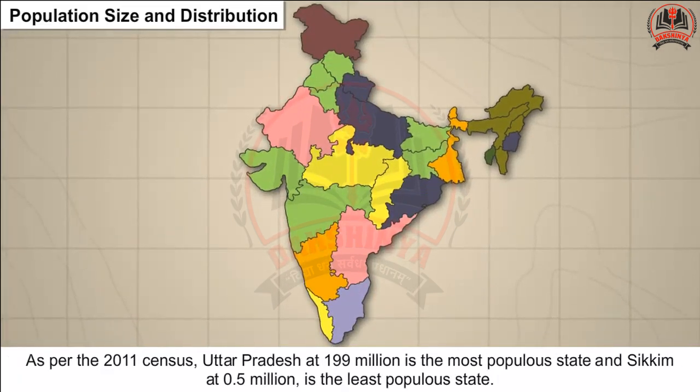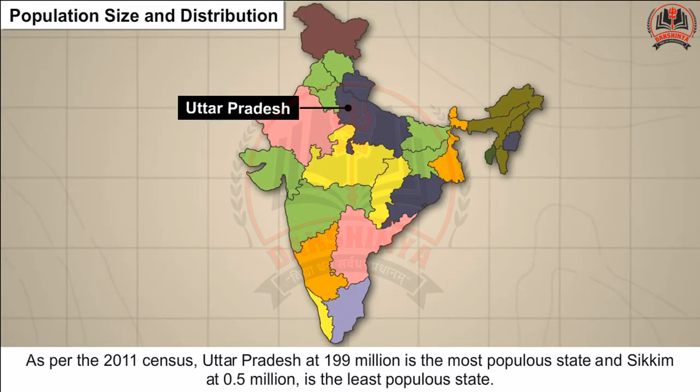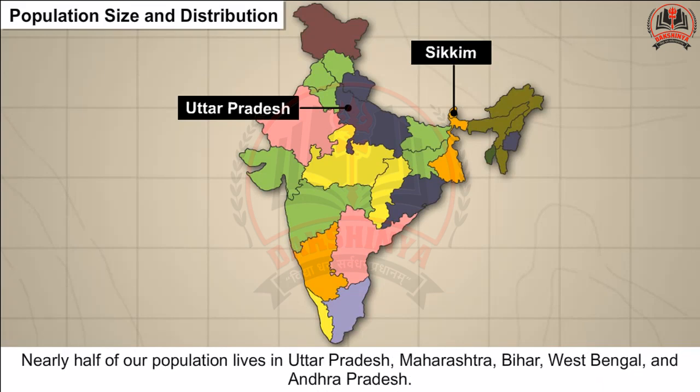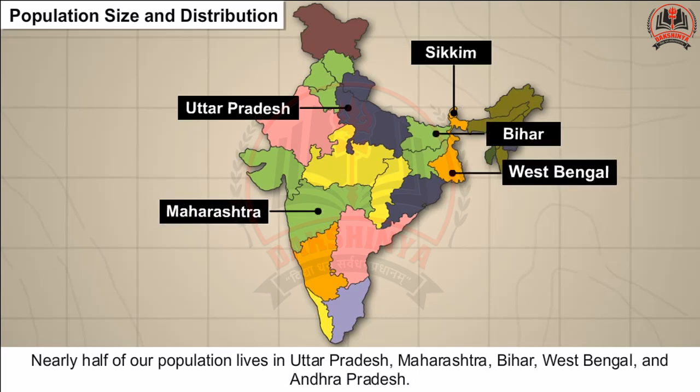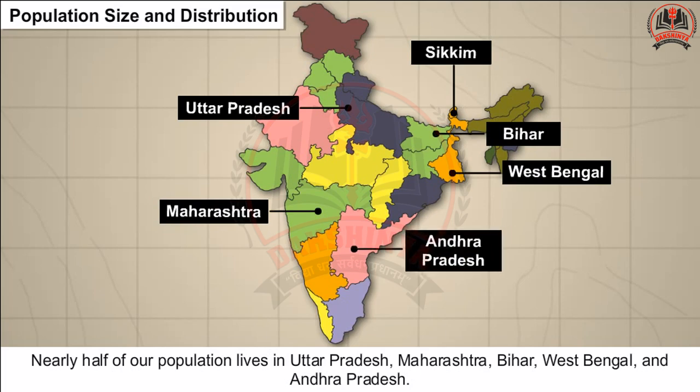As per the 2011 census, Uttar Pradesh at 199 million is the most populous state, and Sikkim at 0.5 million is the least populous state. Nearly half of our population lives in Uttar Pradesh, Maharashtra, Bihar, West Bengal and Andhra Pradesh.